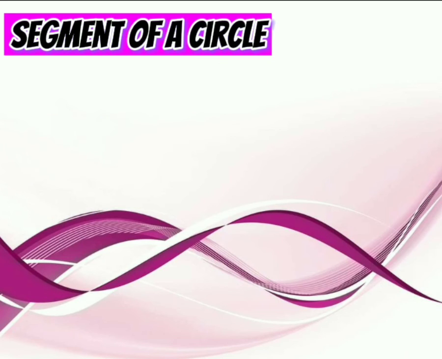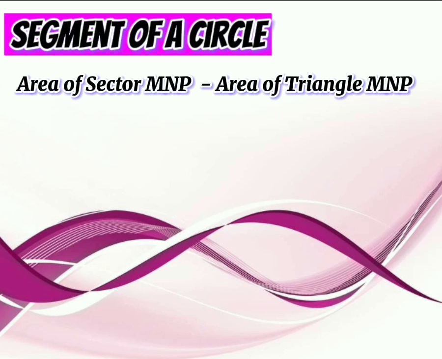So we got the area of sector MNP and the area of triangle MNP. Now we will subtract the area of the triangle from the area of the sector. So for the sector, 9 pi centimeters squared minus the area of the triangle, 18 centimeters squared.